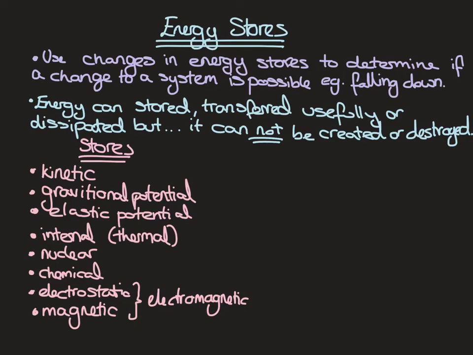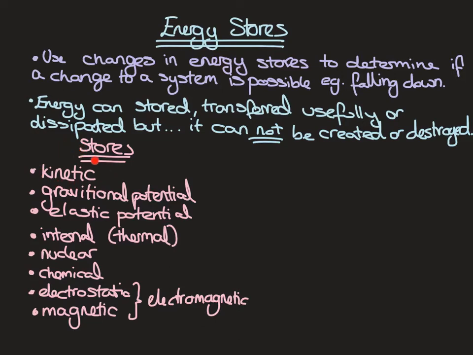So if we start having a look at the stores of energy that we could have in different systems, we're saying that we've got energy filling these stores up to different amounts, and when something happens to the system, when the system changes, it might be that energy moves from one store into another store. So we've got the three stores that we've already seen in the video that we've been calculating the value of.